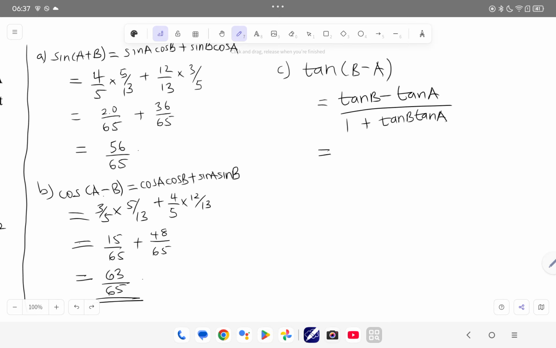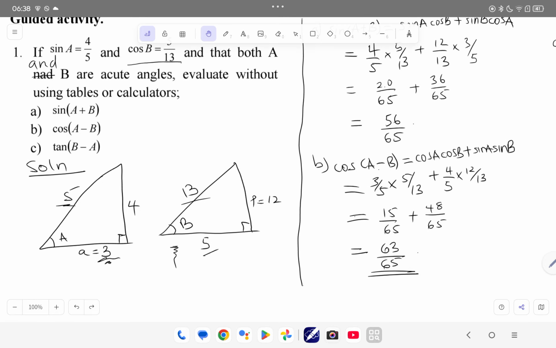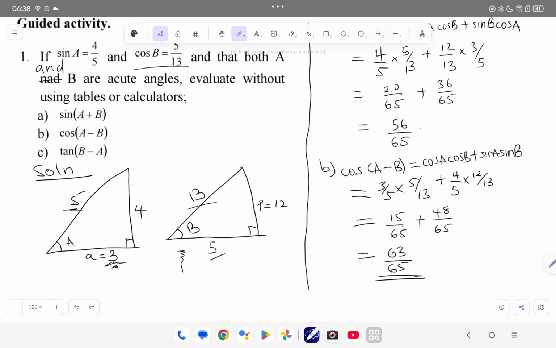Then we go back to look for the value of tan B from our diagrams. Tan B is opposite over adjacent, 12 out of 5. Then tan A is 4 out of 3.